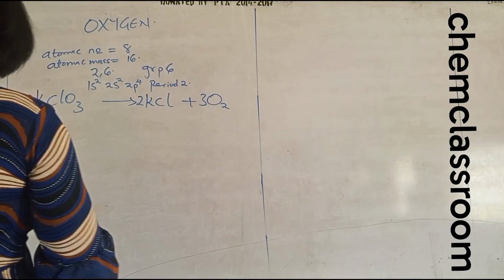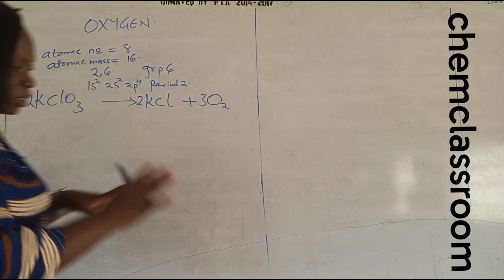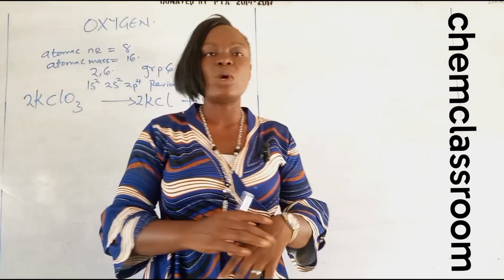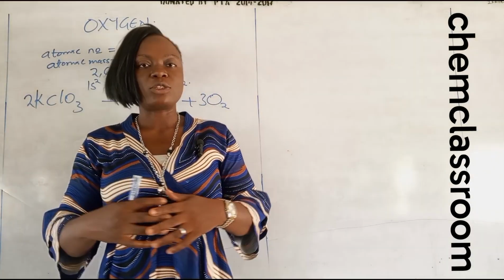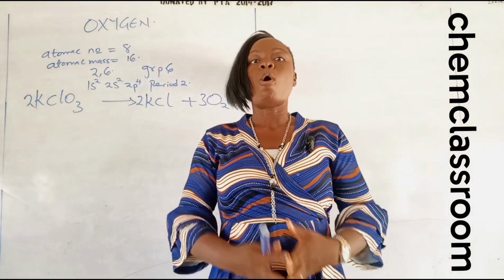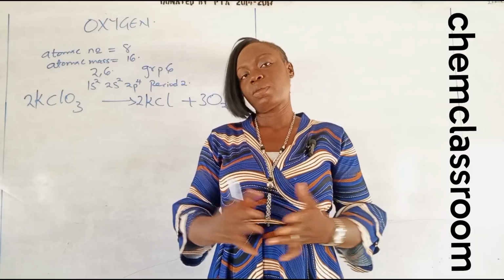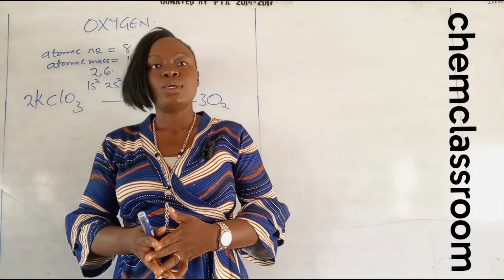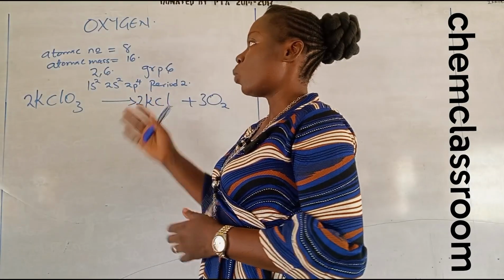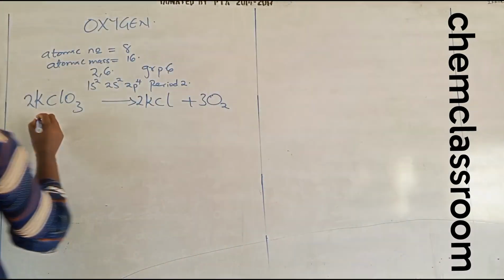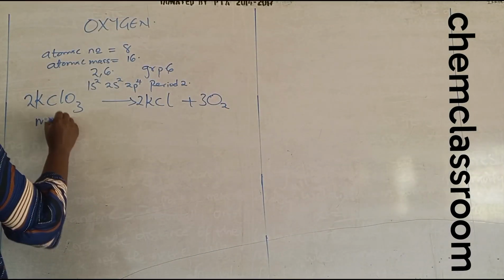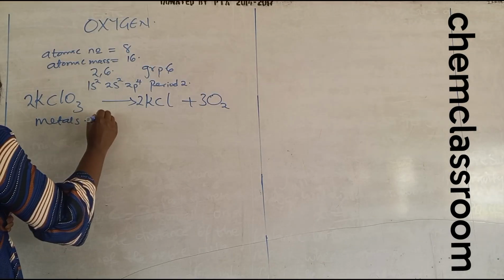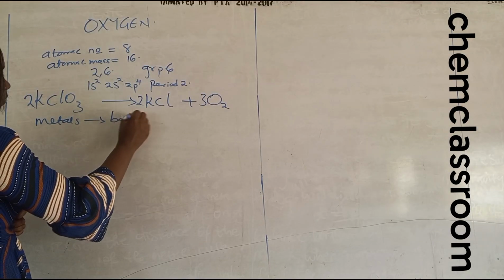Okay, that being said, we are going to the chemical properties. When we talk about chemical properties, it has to do with the reactions of oxygen with some other elements on the periodic table. When oxygen reacts with metals, basic oxides are being formed.